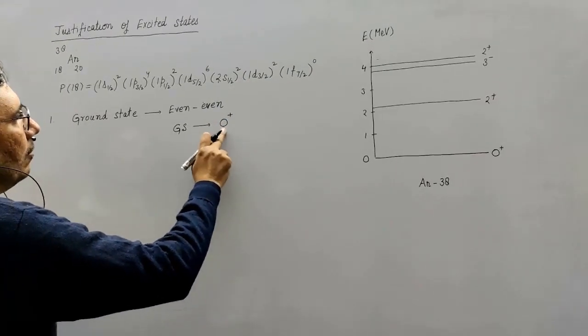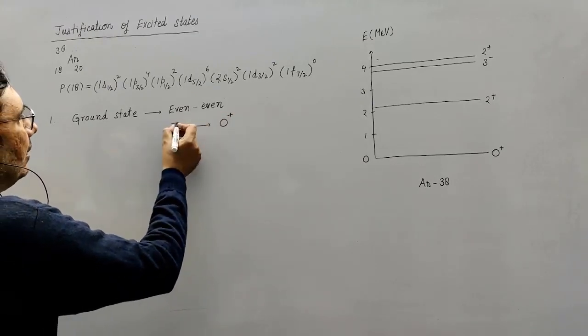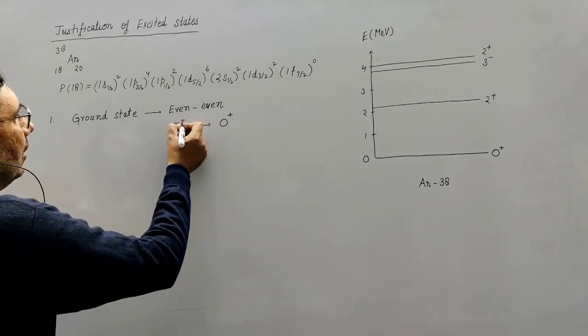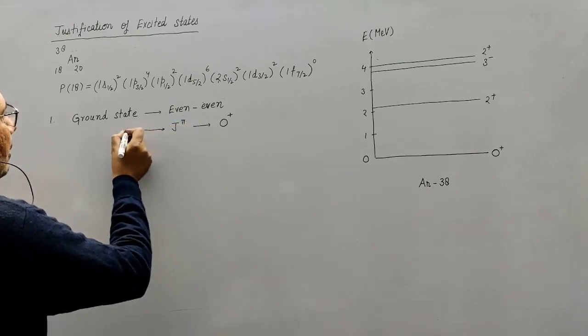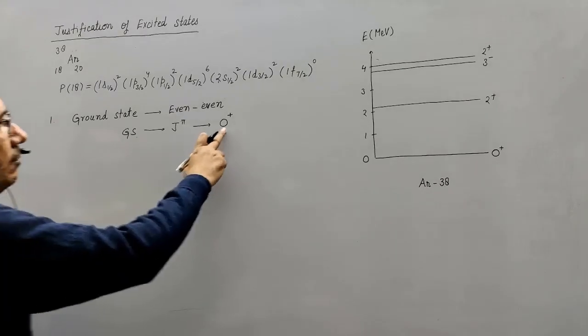So this will be 0 positive. This will be the ground state angular momentum, spin, and parity. For every even nuclei, you are aware the ground state will be 0 plus.